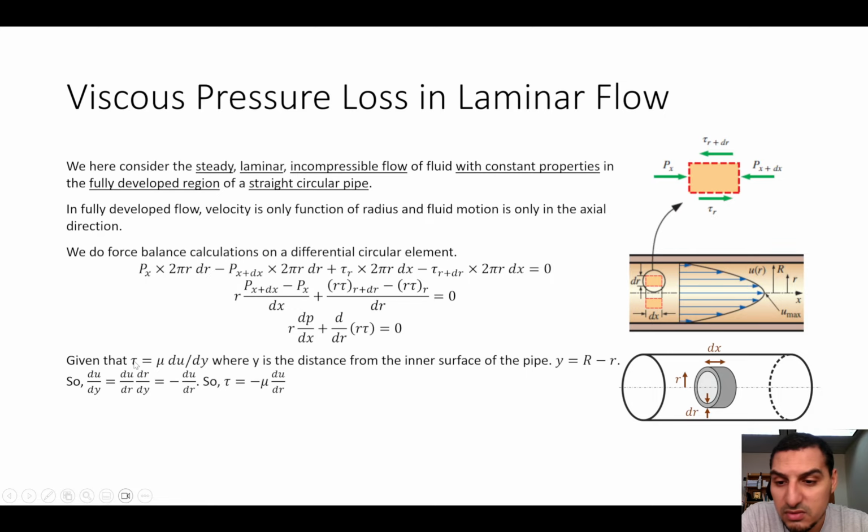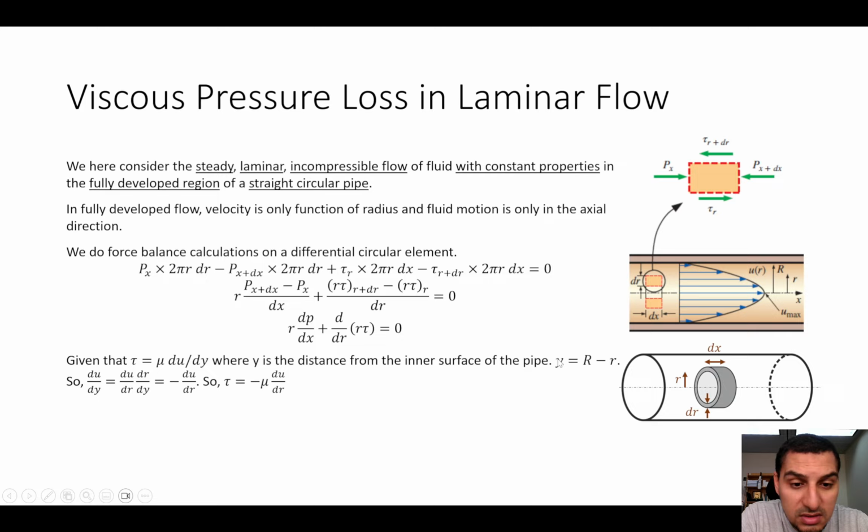Now if we want to write tau equals mu du by dy with du by dr instead, we can use the chain rule. So du by dy is du by dr times dr by dy. It's a very well-known rule in calculus.